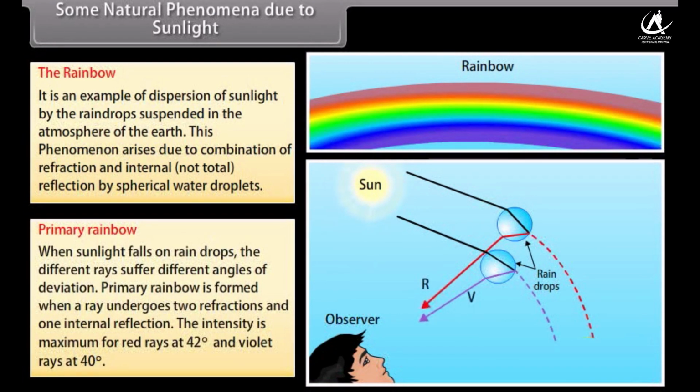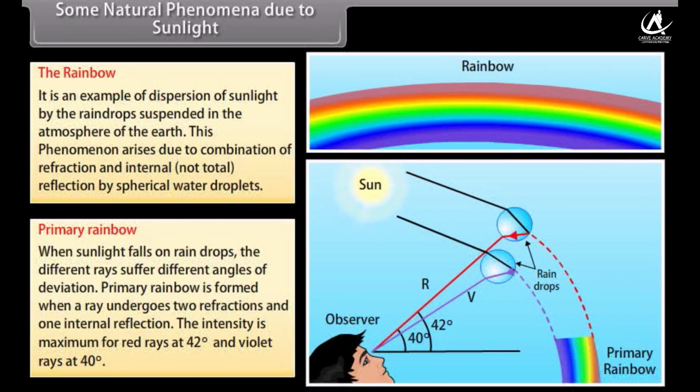When sunlight falls on raindrops, the different rays suffer different angles of deviation. Primary rainbow is formed when a ray undergoes 2 refractions and 1 internal reflection. The intensity is maximum for red rays at 42 degrees and violet rays at 40 degrees.